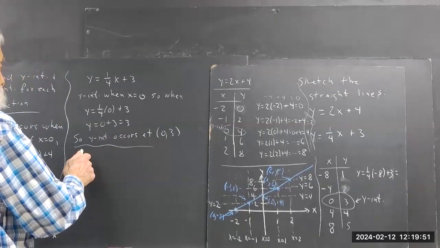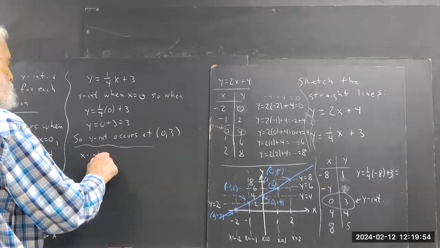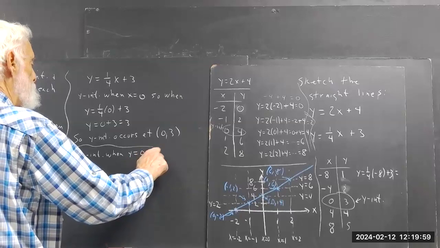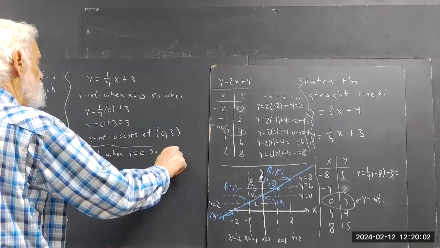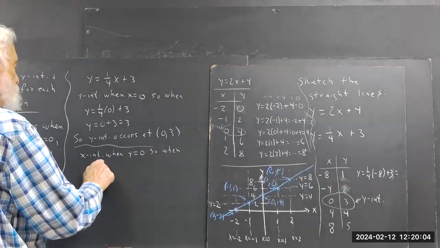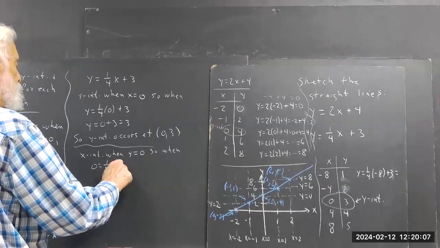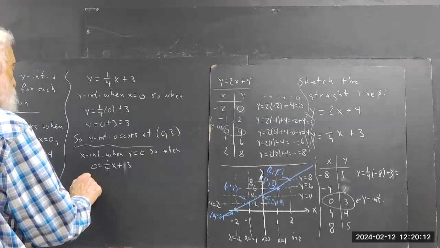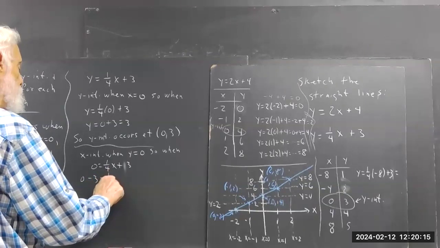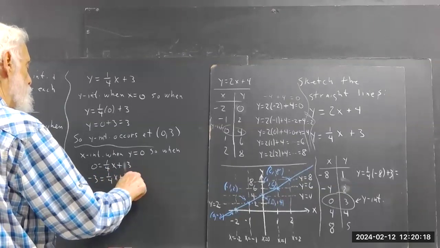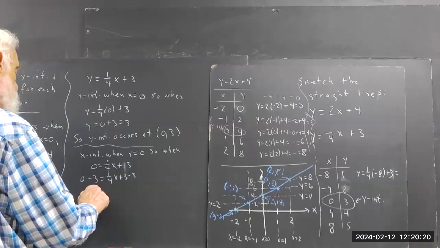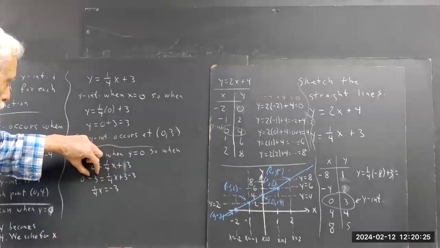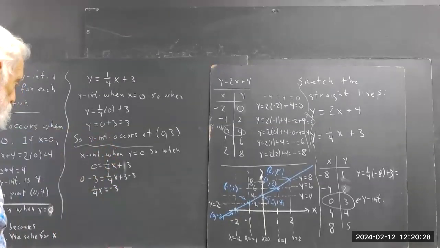There's (0, 3). Now the x-intercept. Y equals 0. So it occurs when 0 equals 1/4 x plus 3. Well, we subtract 3 from both sides, and we get 1/4 x on this side, -3 on this side, but I'm going to switch the two sides.